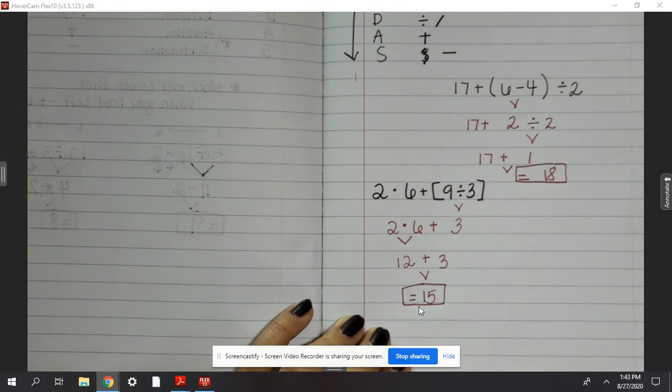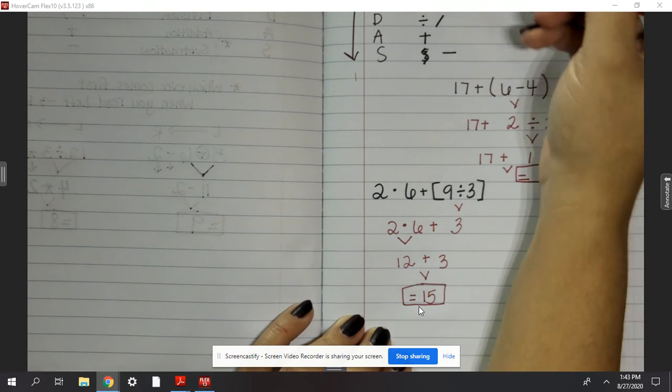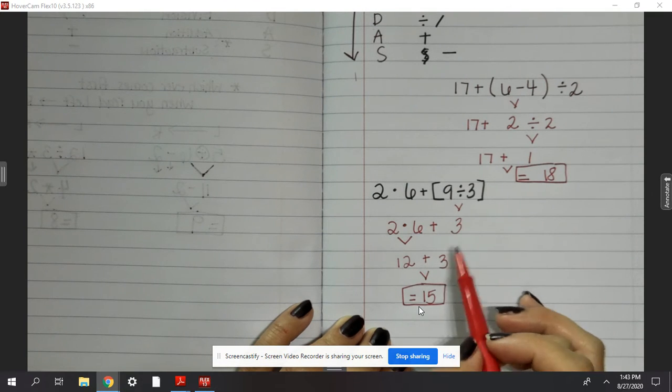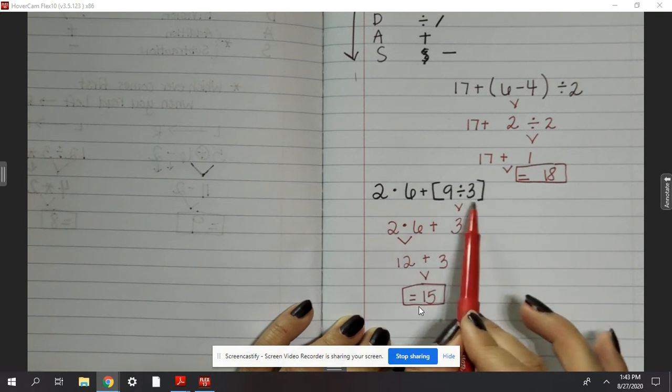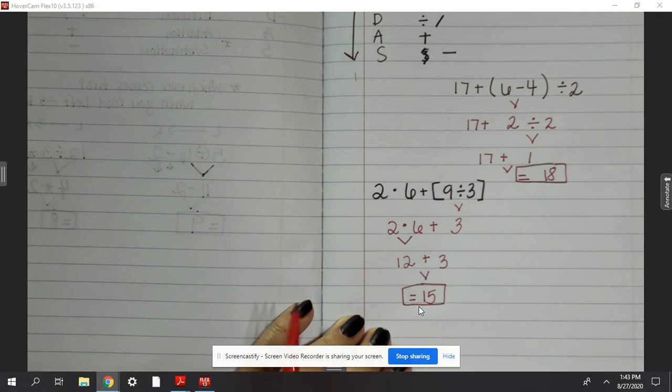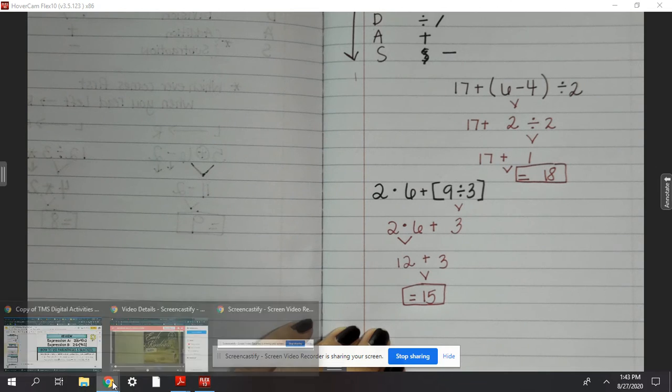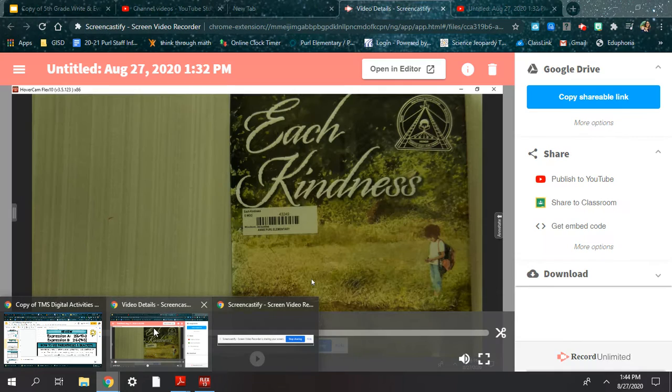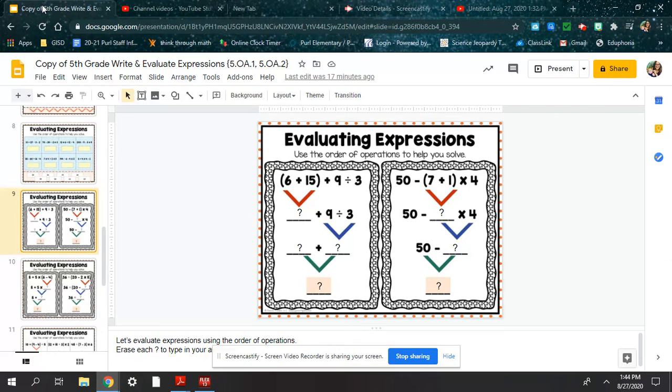Okay, so we're keeping the same order that we're doing. We're still solving these, but now we've added more digits in our expression, and we've added those grouping symbols. So today you're going to practice and evaluate expressions that have grouping symbols.